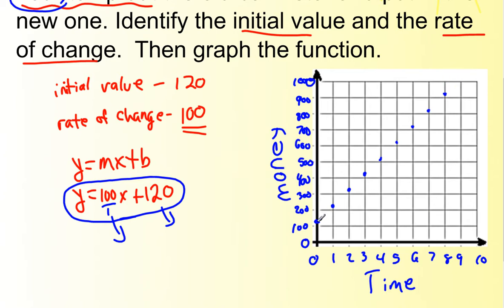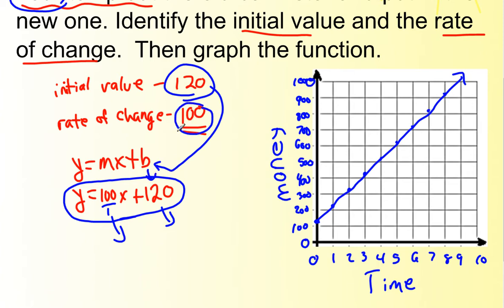So the function would look something like, can I make it linear? Close. That's roughly linear. So that would be my linear function because it makes a straight line. So the initial value is still the y-intercept.